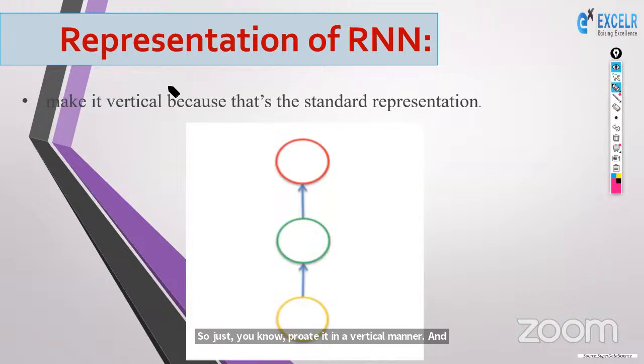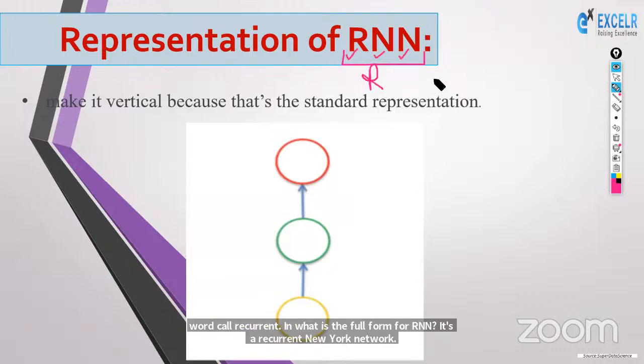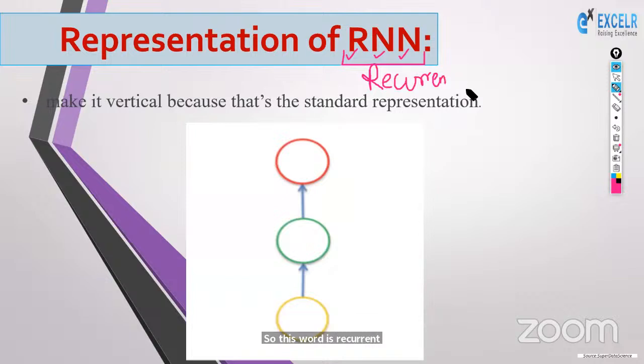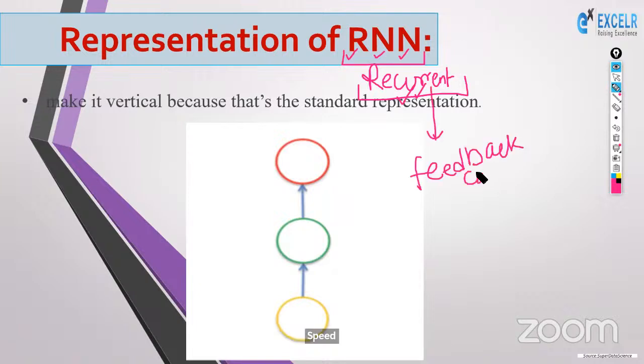And then here comes the role of the word recurrent. What is the full form of RNN? It's a recurrent neural network. So this word recurrent indicates that there will be some feedback connection, which we are calling a memory, right?